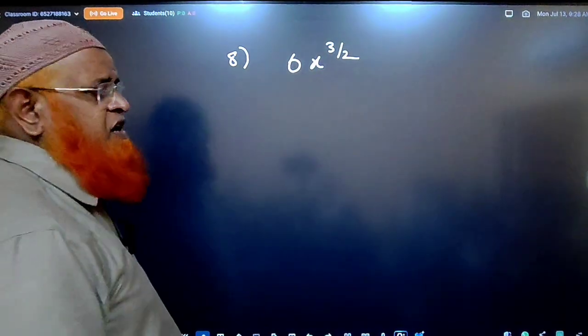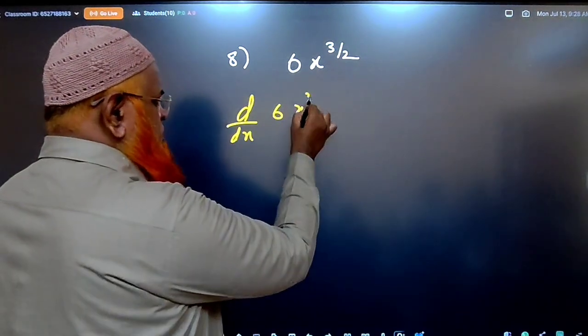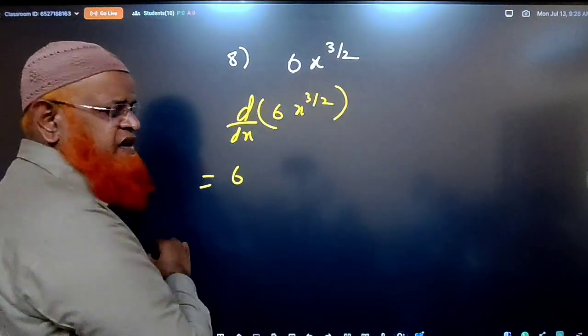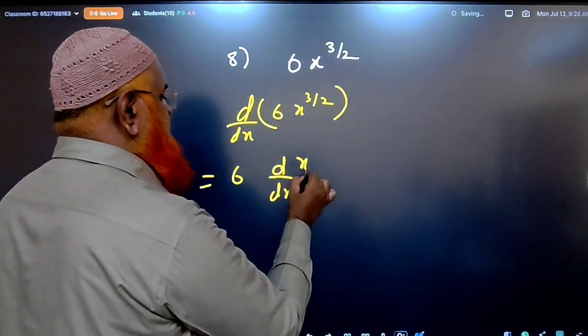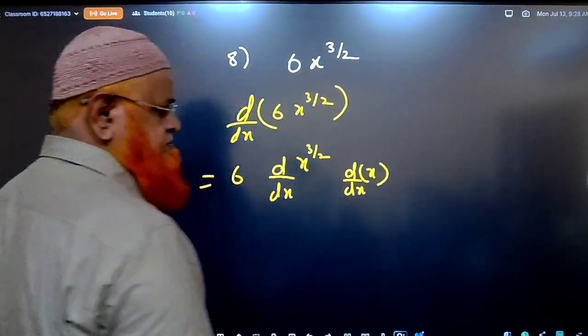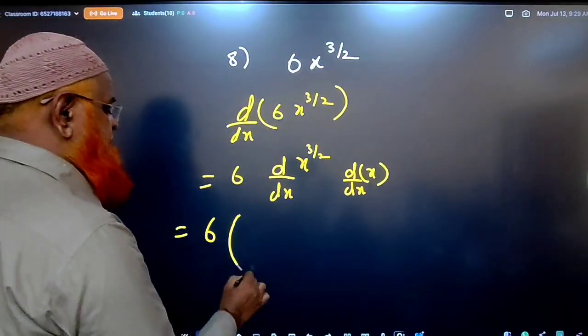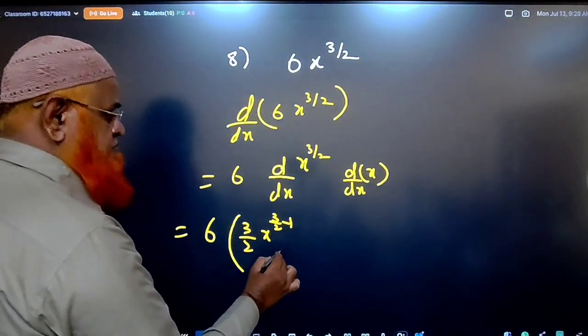So 6x power of 3 by 2. Okay. So d by dx of 6x power of 3 by 2, if you take, the constant doesn't have any differentiation, that should be taken out. So differentiate x with respect to 3 by 2. Again differentiate x separately. Okay, so 6x, this can be taken as 3 by 2 n x power of n minus 1.